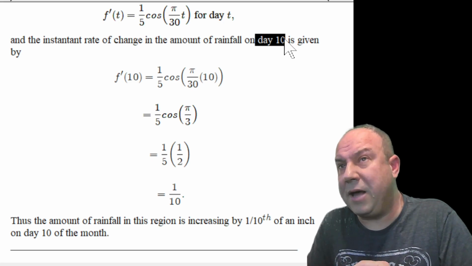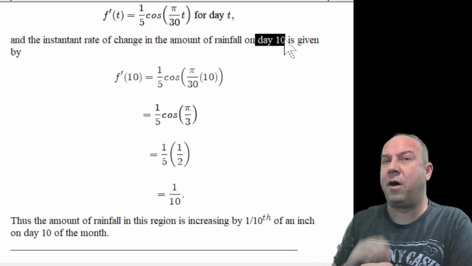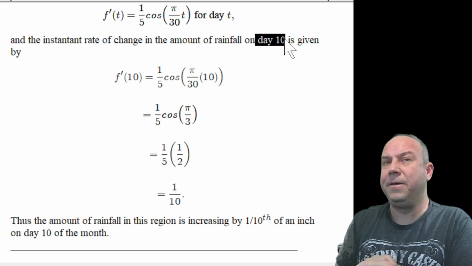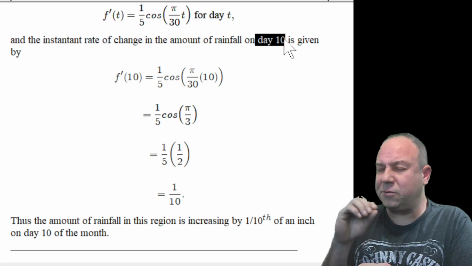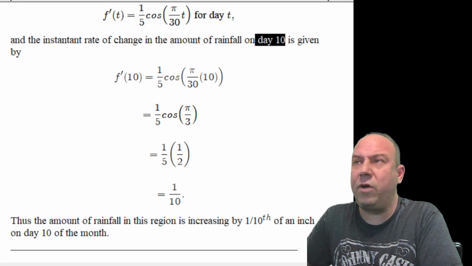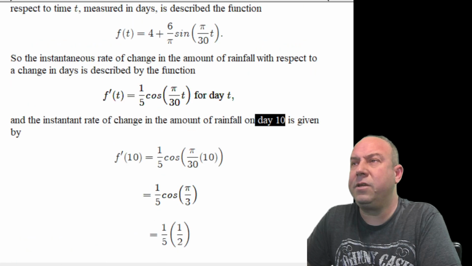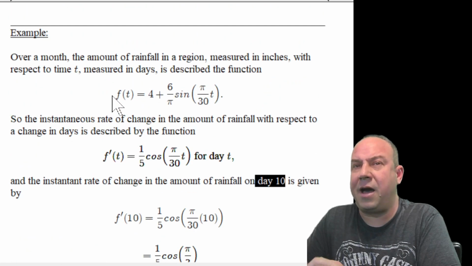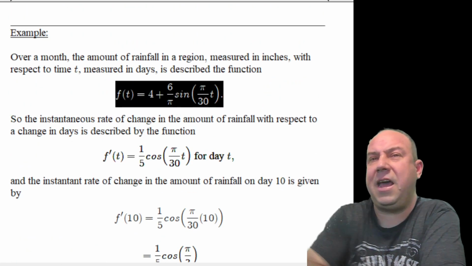And what depends upon the day is the amount of rainfall measured in inches. And we can find the instantaneous rate of change in that amount using the derivative for the description of the amount of rainfall on that given day.